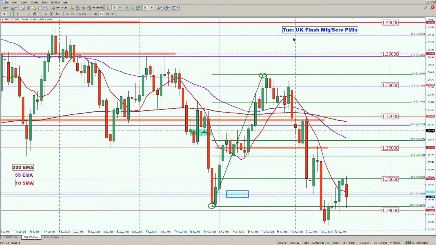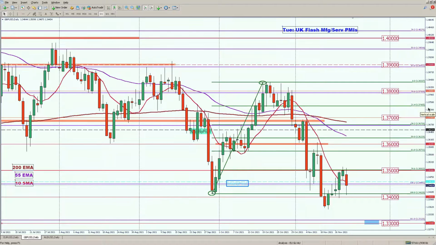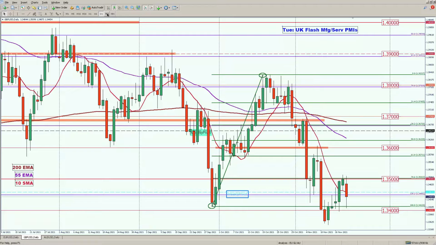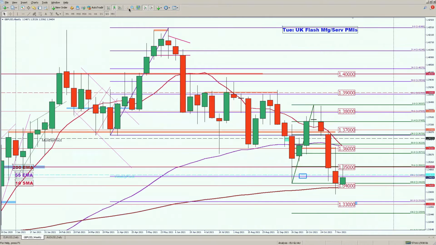Next week, there's only one minor news, the flash PMIs. On the weekly time frame, it's holding above the weekly 200 EMA. So that's a crucial support for now.